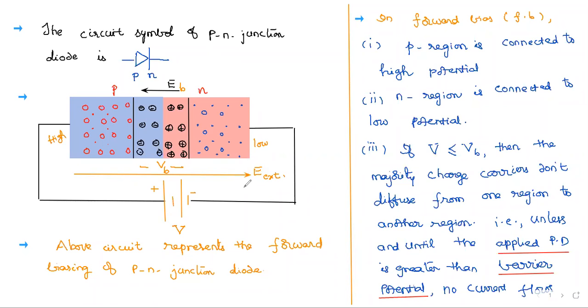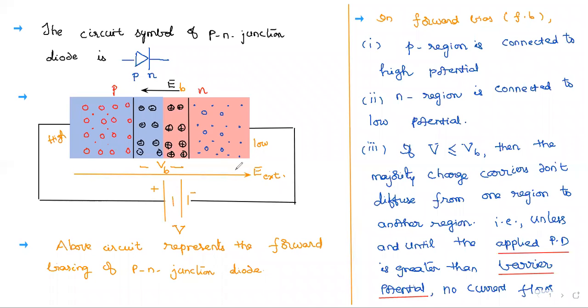In this forward bias, who are the minority charge carriers? Electrons. Generally, in forward bias, the P region is connected to positive and the N region is connected to negative, na? So the external electric field is applied in this direction.